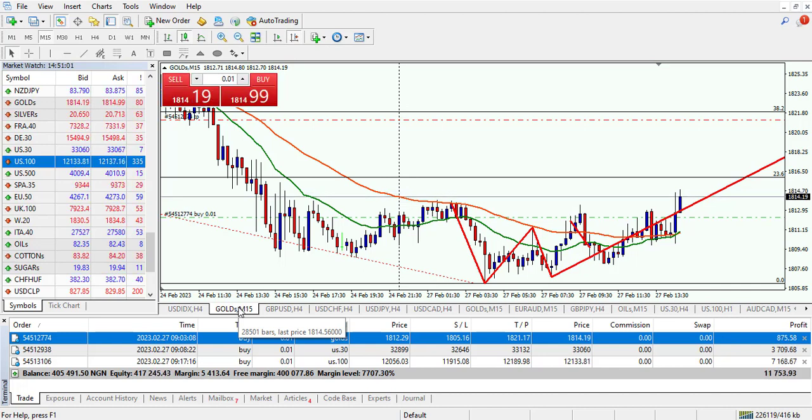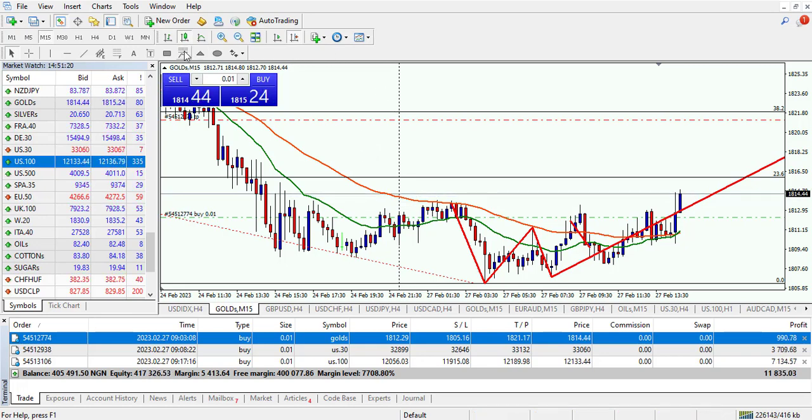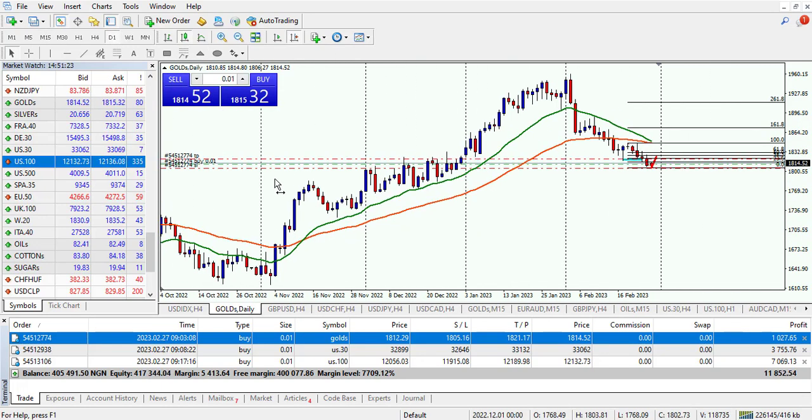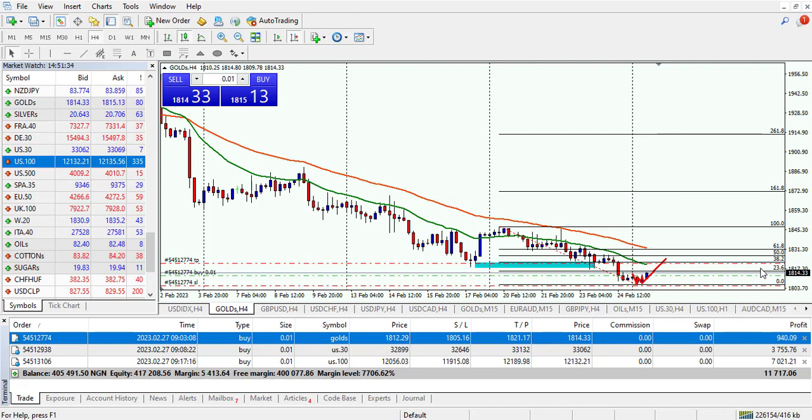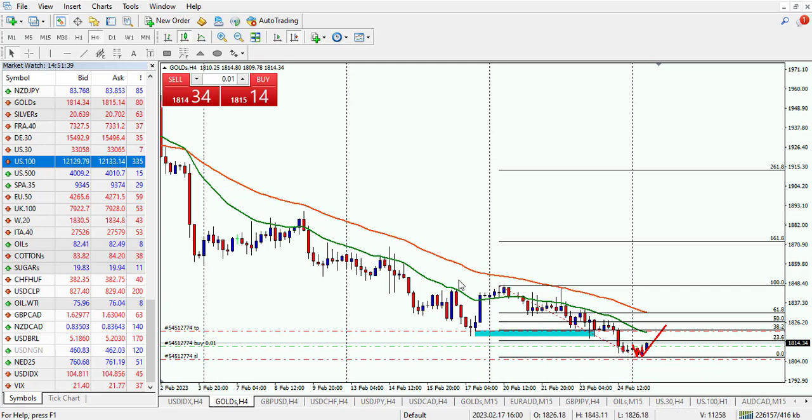Now quickly, we analyzed from the 4 hours time frame, and we saw that gold was already trading to the downside on the 4 hours time frame, but it has already broken the structural low here, and after that break of structural low, all of this is called extension.